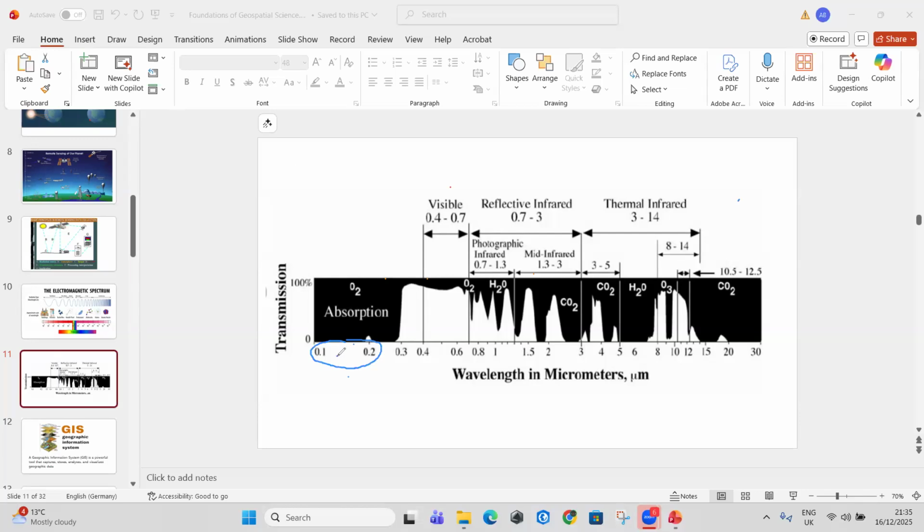Do you think it will be helpful? If this is the satellite and you are sending this wave to the earth, all of it will be absorbed by the oxygen in the atmosphere, and that satellite sensor will be useless. So you also need to study how different wavelengths interact with the atmosphere. Then only you can do further analysis. Okay.